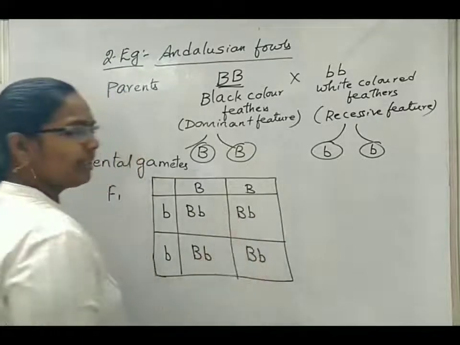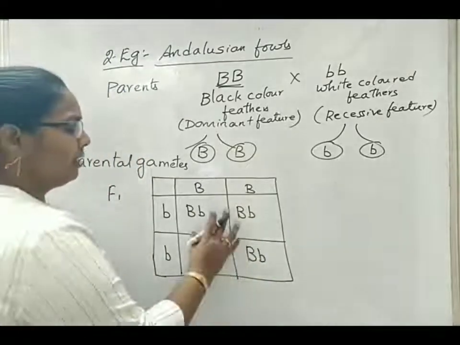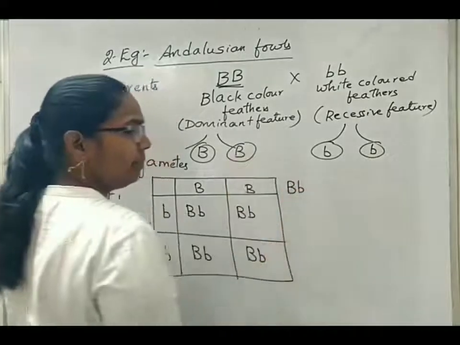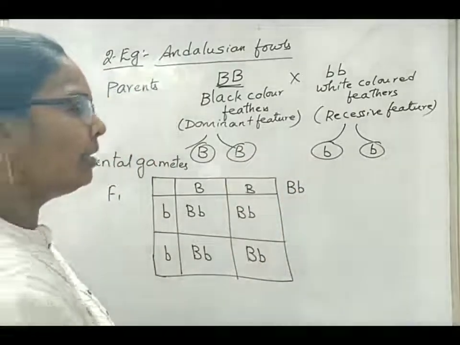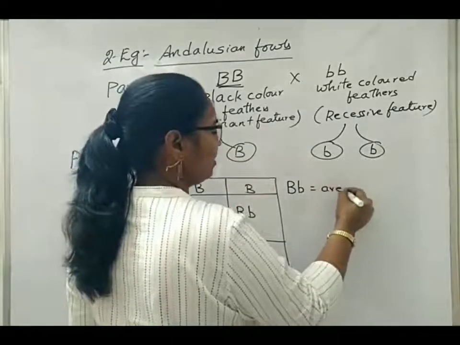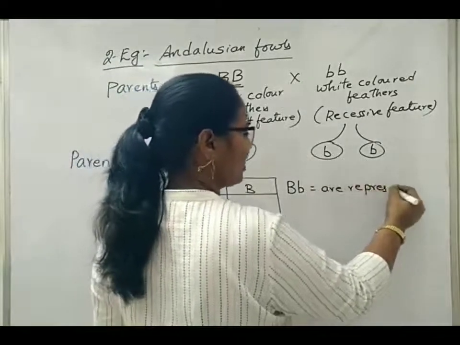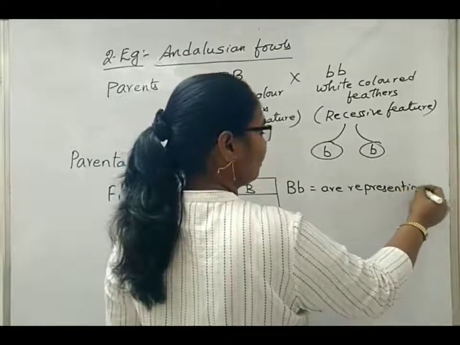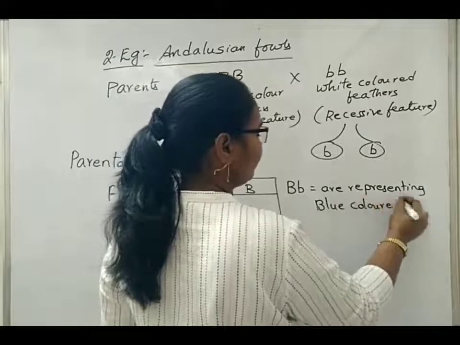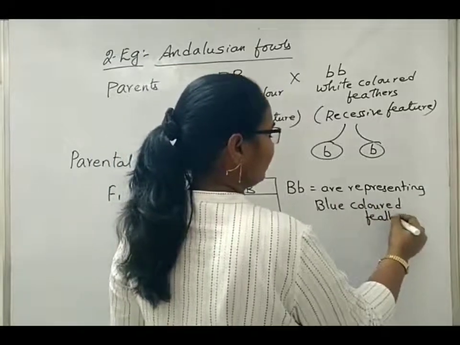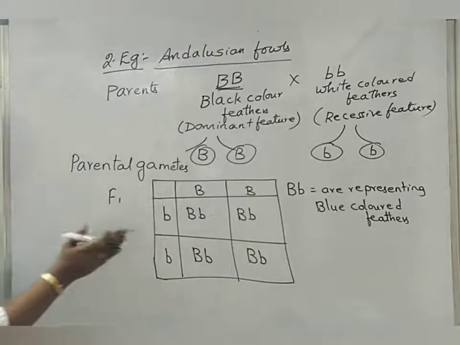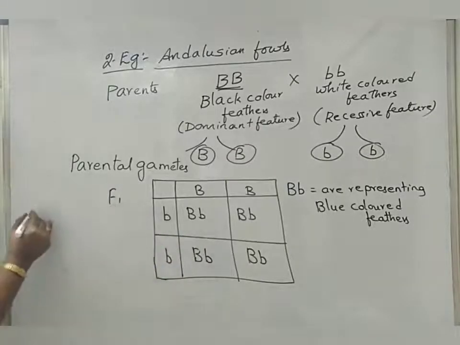The allele arrangement is again heterozygous in the case of the F1 generation offsprings. Now, capital B, small b means a heterozygous combination of the alleles of genes, which expresses blue colored feathers. So that is the phenotypic expression of the offsprings in the F1 generation.